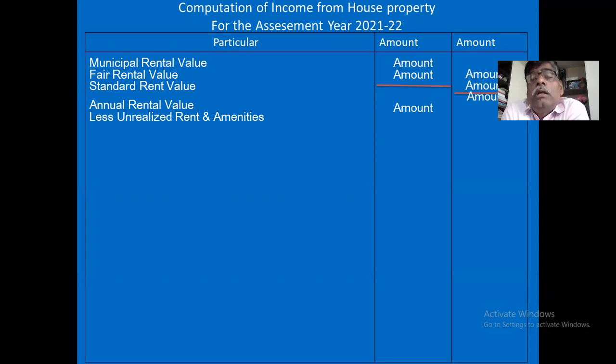What is unrealized rent? It is the rent not realized or not received by the owner from the tenant due to some reasons. That amount is an allowable deduction if you satisfy 4 conditions.